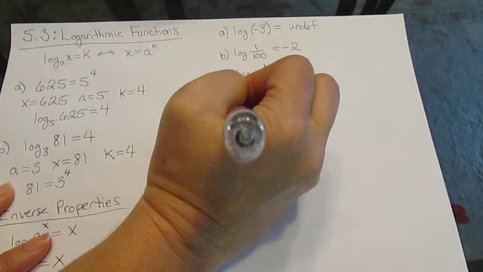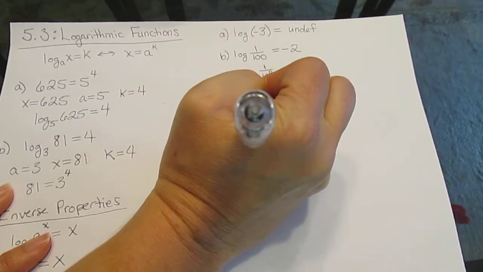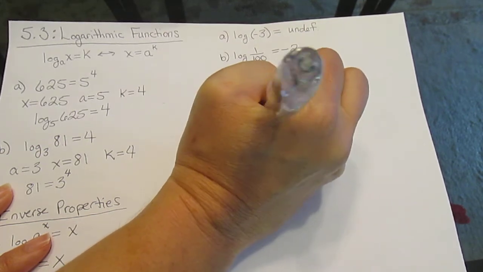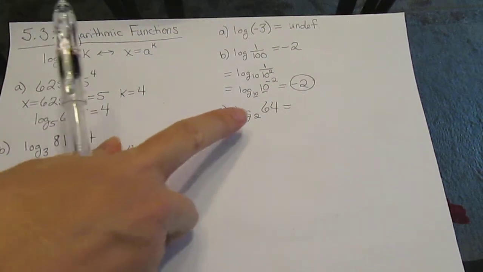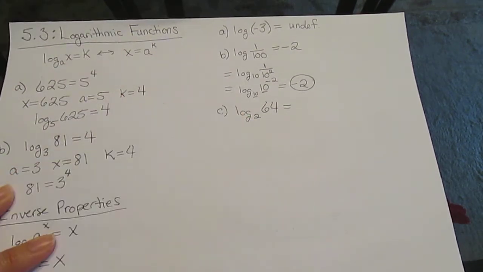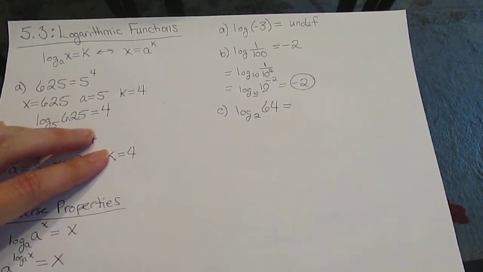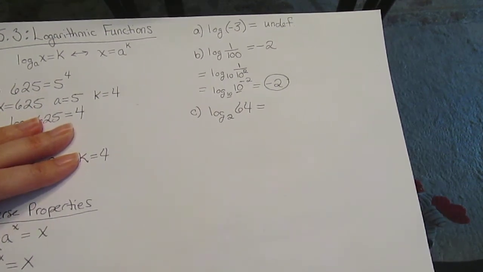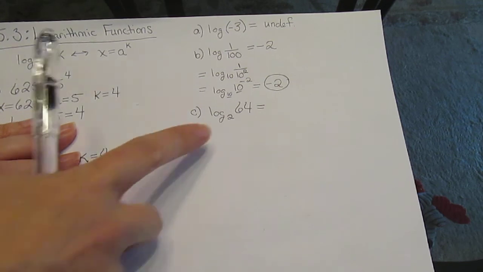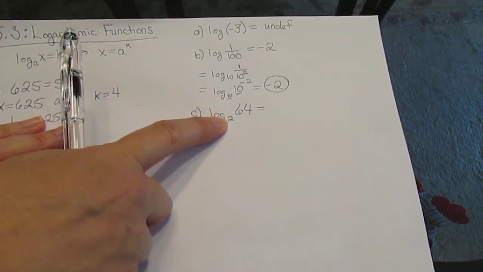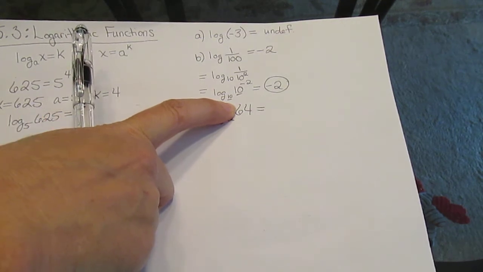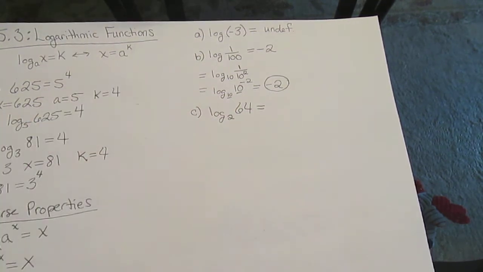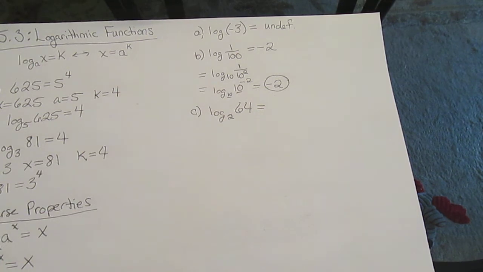Okay, so in part C, they give me log base 2 of 64. This one is base 2, so we can't just plug it into our calculator with the log button. That's only base 10. So we've got to do some simplifying. It's base 2, so you ask yourself, 2 to what power is 64? I played around with it before I started this video.